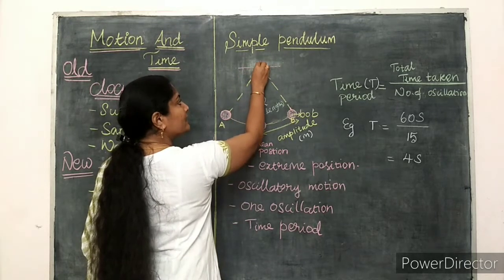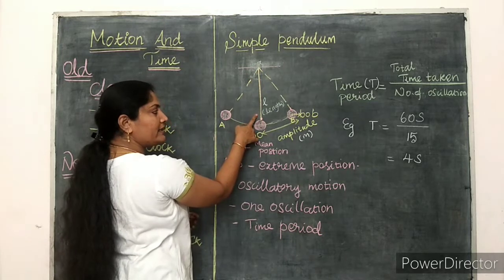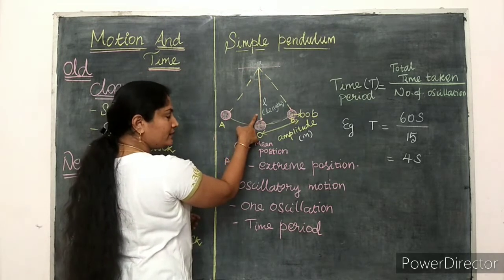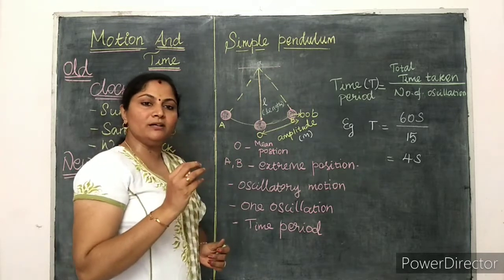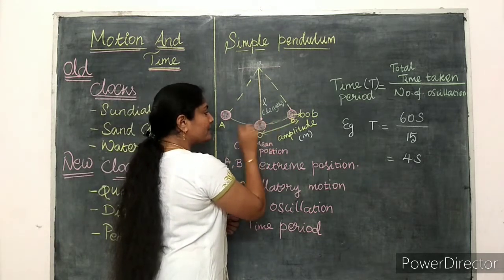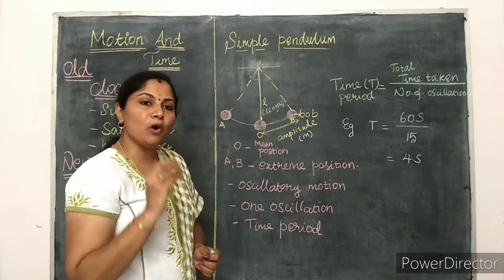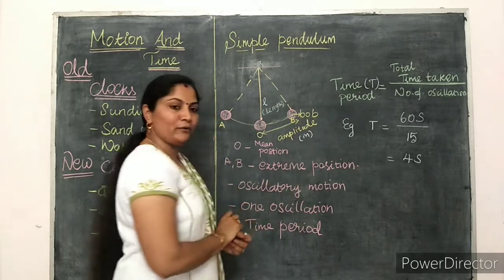Okay, so a simple pendulum contains a fixed point here. This point is said to be the fixed point from which a flexible thread is suspended. At the other end we have a metallic bob. The metallic bob is a spherical shaped metal ball, that is called the bob of the simple pendulum.